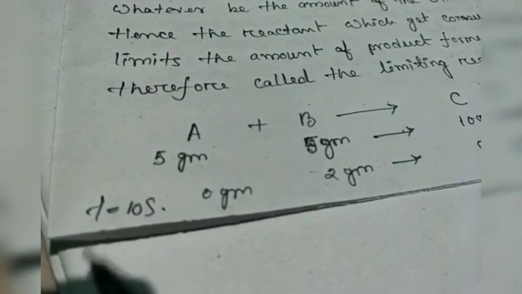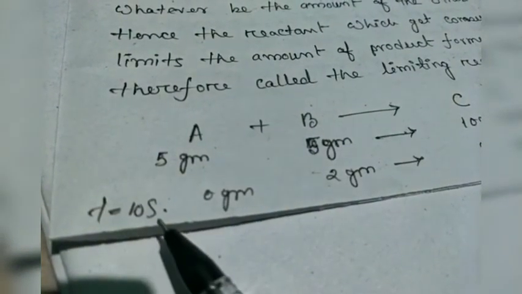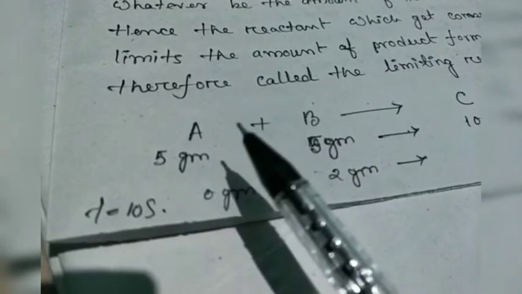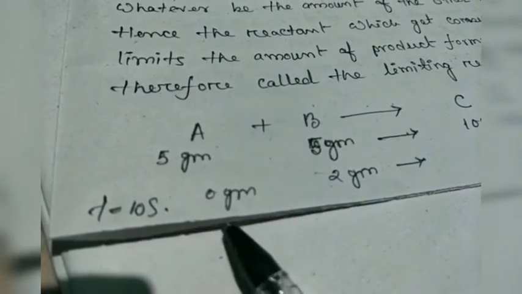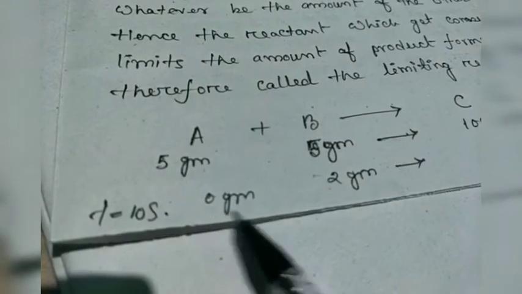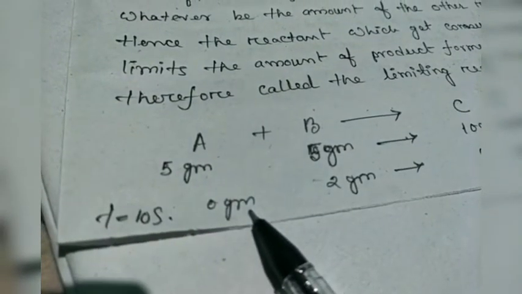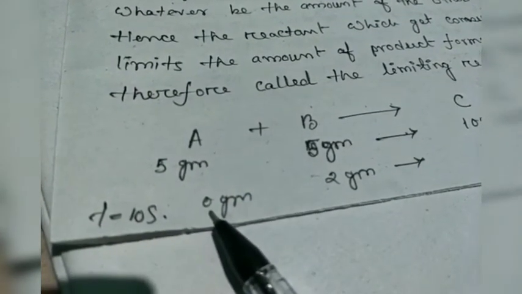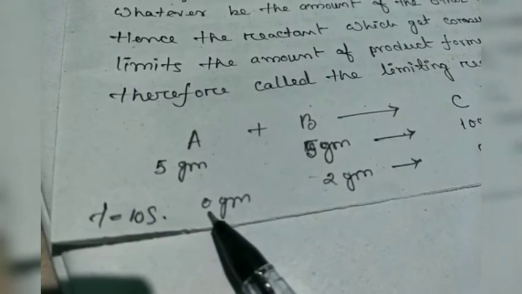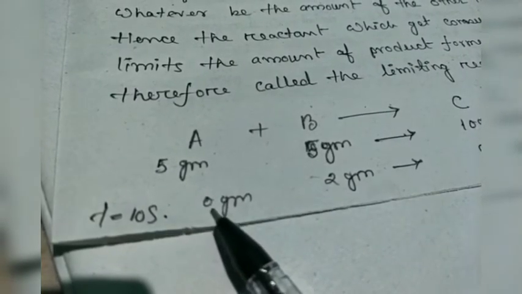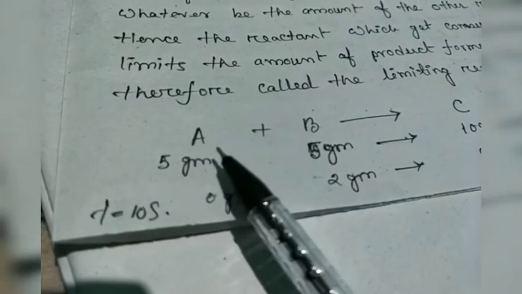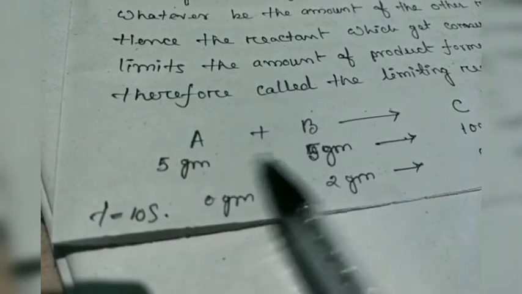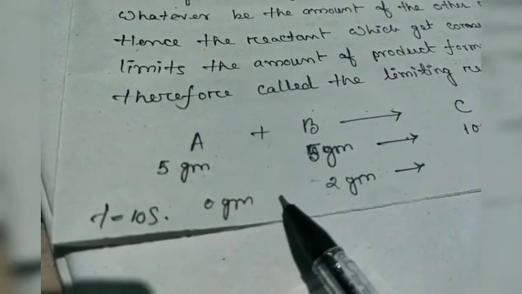But in this case, after 10 seconds, the amount of A will be 0 gram. That means there is no amount of reactant A present in the reaction vessel.